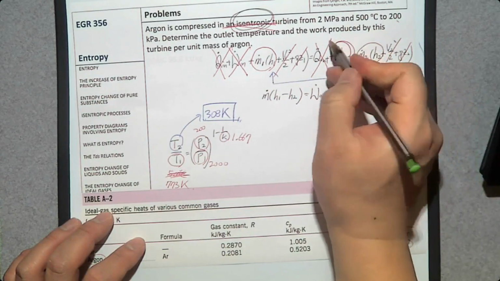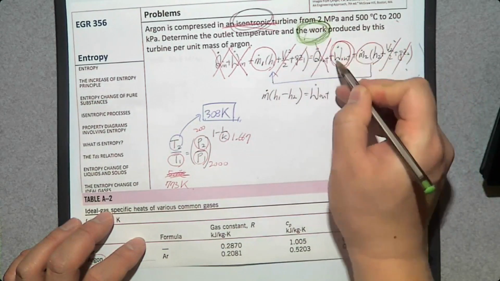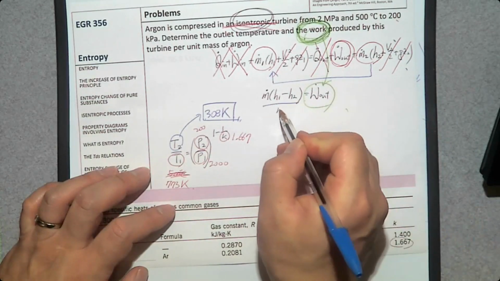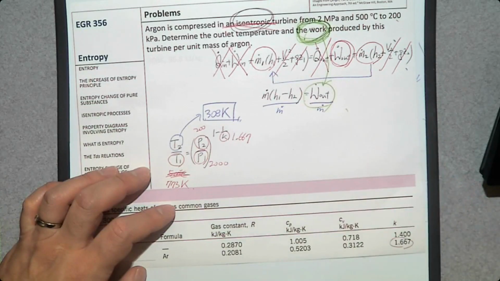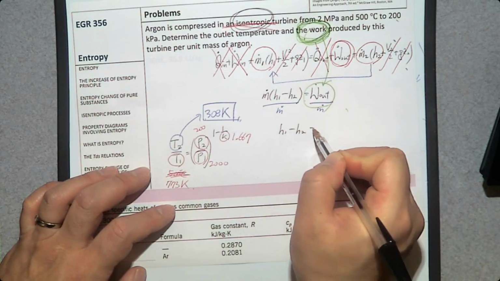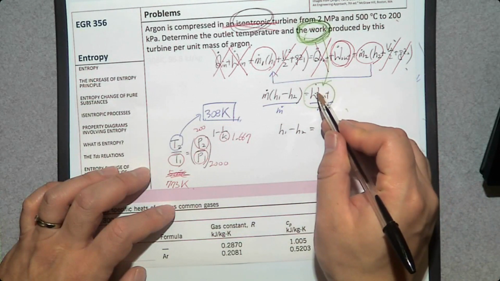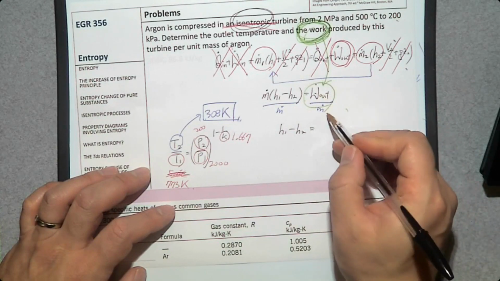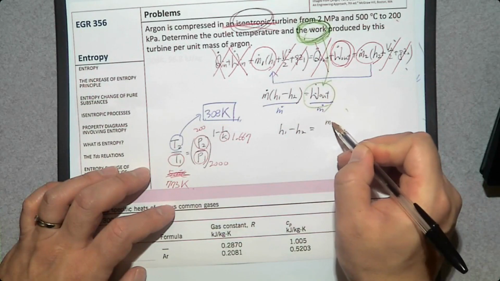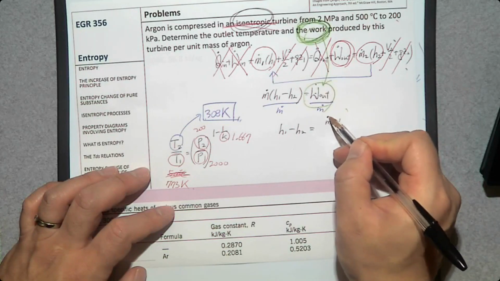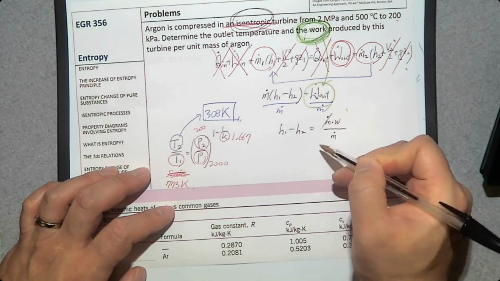What do we want to determine? The work produced by the turbine. Which one is that? This one. Do we know the mass flow rate? We do not. Then divide by m dot. W dot divided by m dot, so you can cross them out.